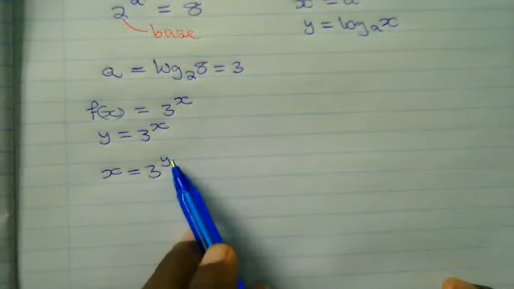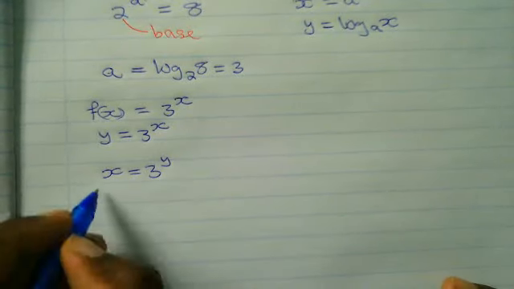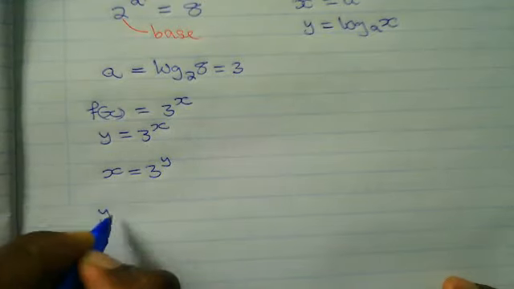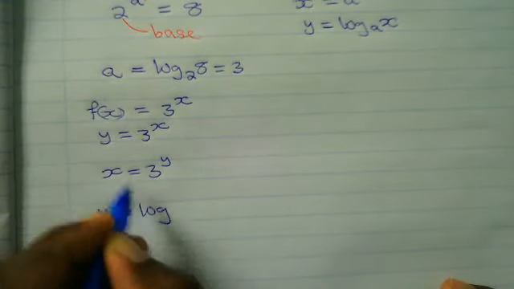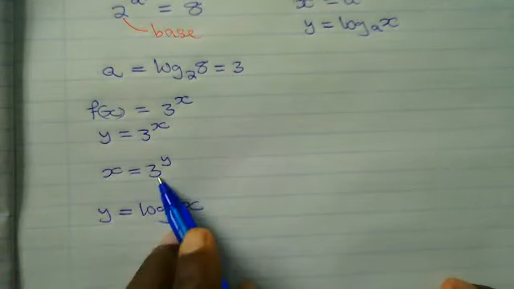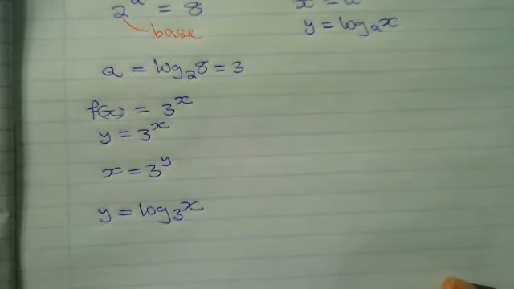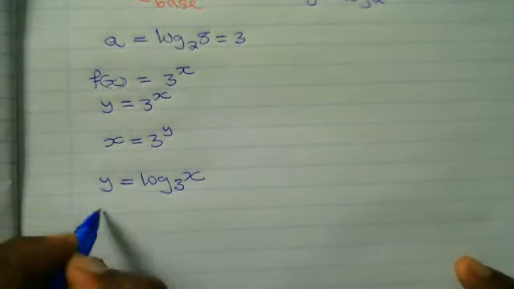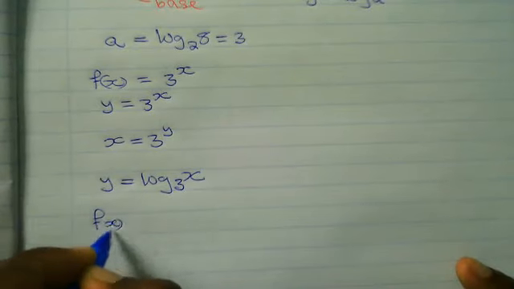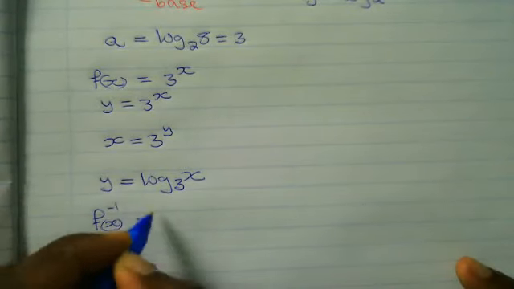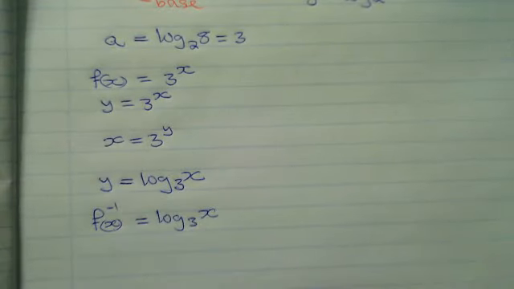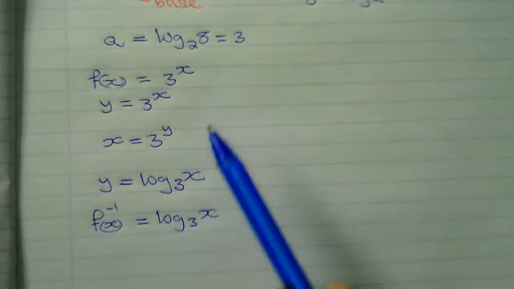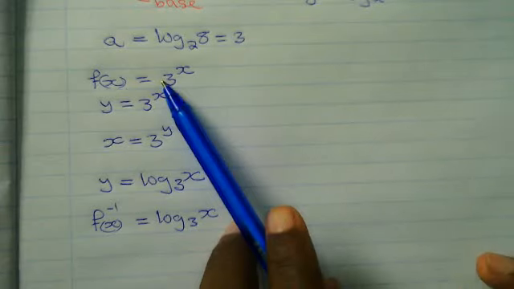Now we want to make y the subject of the expression. So this is going to be y is equal to the log of x in base 3. And that means our inverse for that function is equal to log of x in base 3.